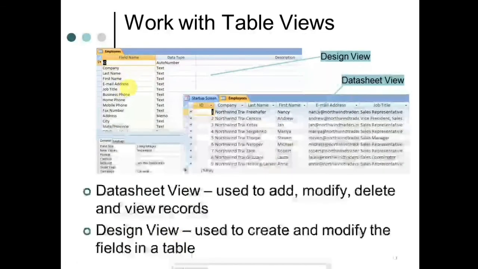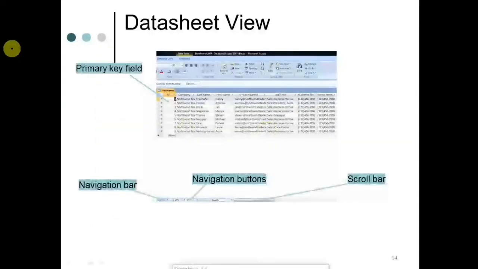This is the design view, and this is the screen for datasheet view. In datasheet view you can see the column headings: company, last name, first name, the table field names or column headings, and they have entered some data. At the end of the screen you can see the navigation bar and scroll bar. Primary key field: you can set a primary key in all the tables. I will explain primary key in the next chapter.